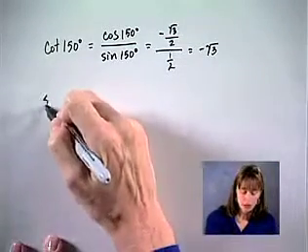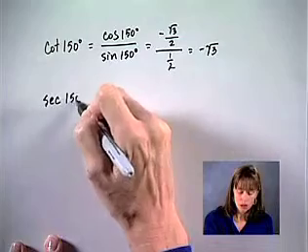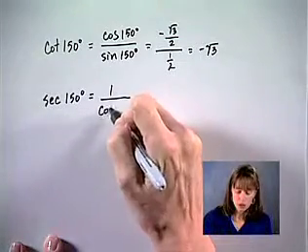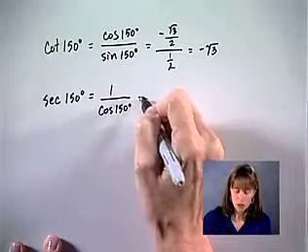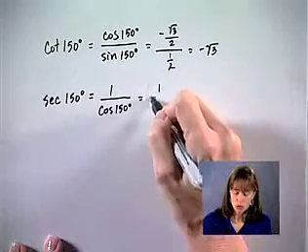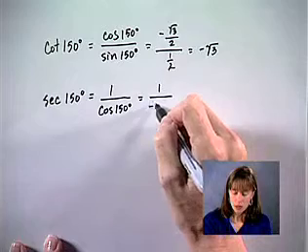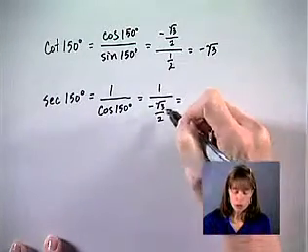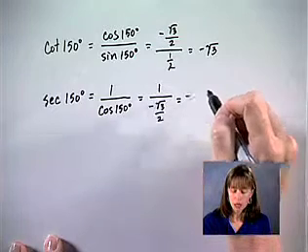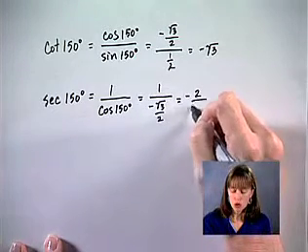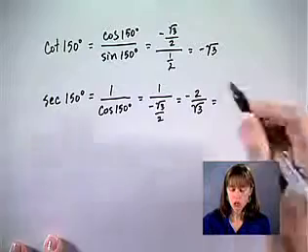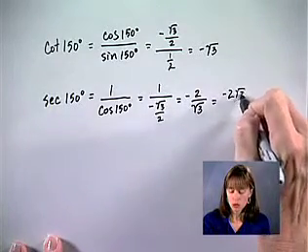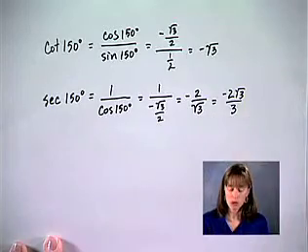Now we need the secant of 150 degrees, which is going to be 1 over cosine 150 degrees, which is 1 over negative square root 3 over 2, or if I multiply by the reciprocal, negative 2 over square root 3, which if you rationalize the denominator can be rewritten negative 2 square roots of 3 over 3.